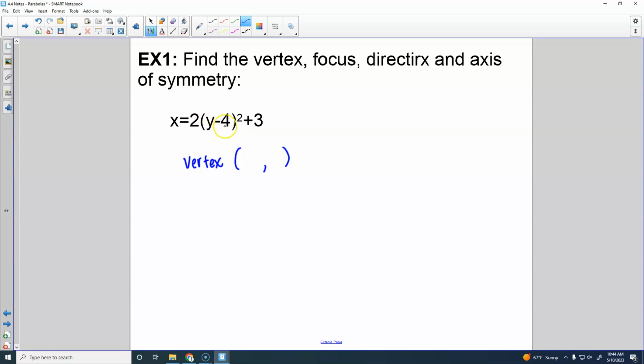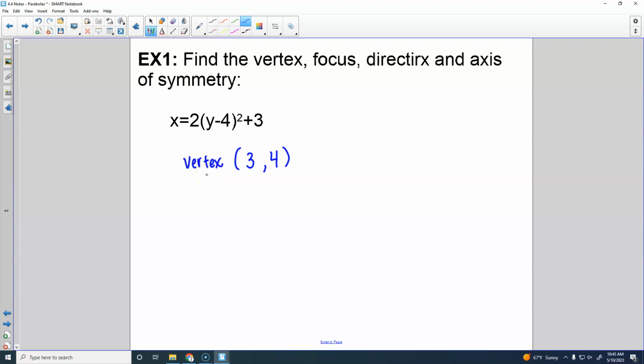It is y because it's in the parentheses with the y. So that goes here. Then my x coordinate would just be positive 3. Whatever's inside of the parentheses is going to go the opposite direction, but whatever is on the outside stays like it is. Okay. So our vertex is at 3, 4.